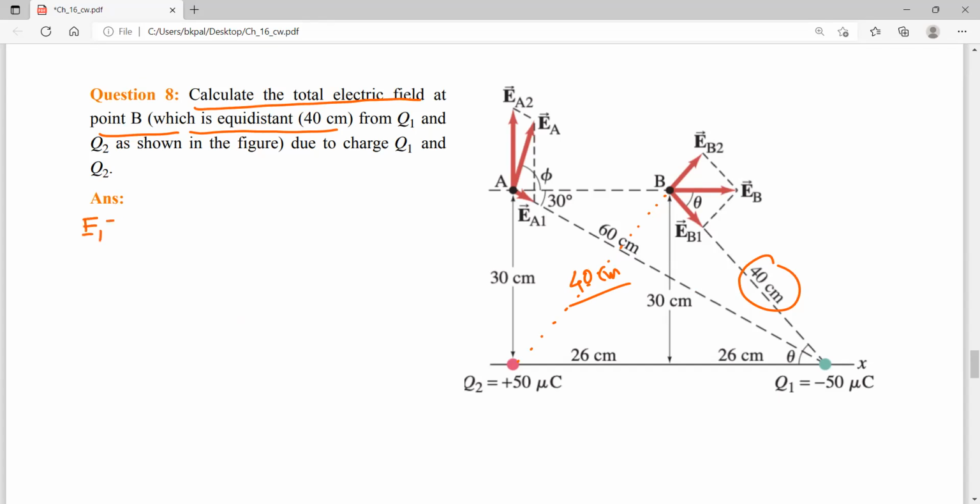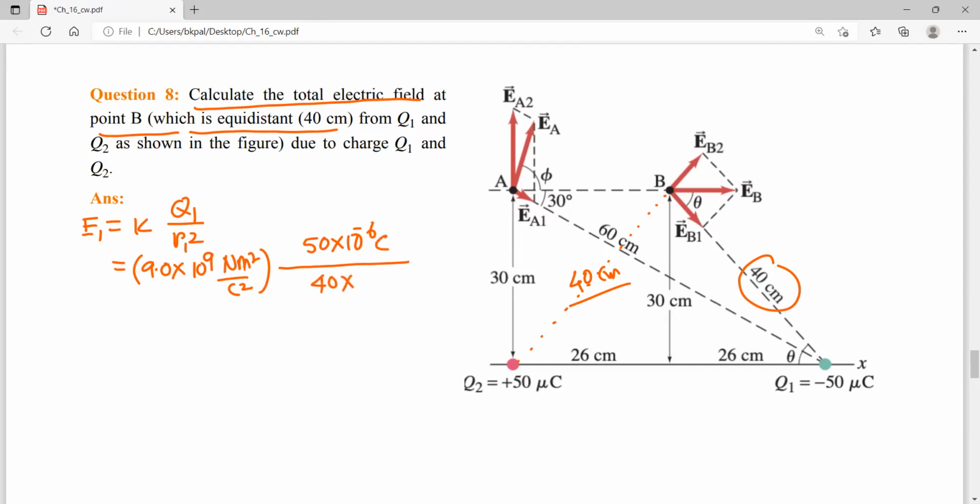Again, E1 is k Q1 over R1 squared, and k is our favorite 9 times 10 to the power 9 newton meter squared per coulomb squared, and Q1 is 50 microcoulomb, and R1 is 40 centimeter, 40 times 10 to the power minus 2 meter, squared.